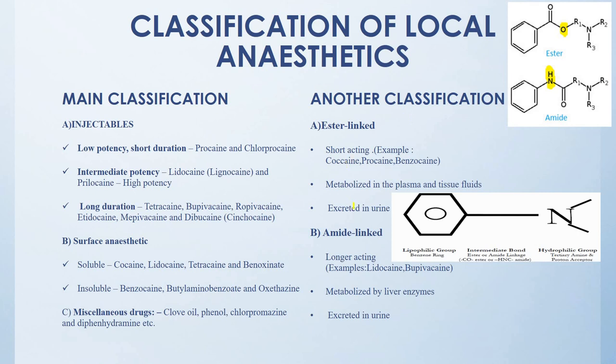These are the characteristic features, and the main examples of ester link that you should remember are cocaine, procaine and benzocaine. For amide link, similarly you can see there should be an NH group and the rest of the structure is the same. It is longer acting, metabolized by liver enzymes and excreted in urine.